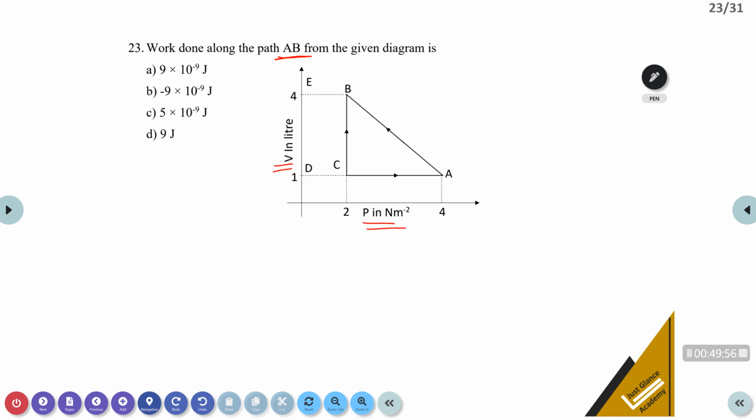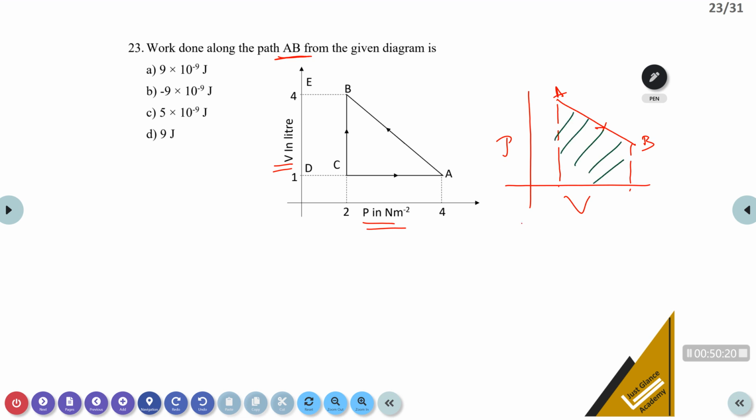If it is P against V, what you are doing here is finding the area of the trapezium.